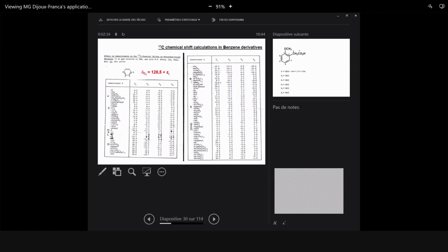But if you have a triple bond, for example, or an iodine on carbon 1, then you will have a decrease of the chemical shift because you will have to subtract 334 ppm from 128 and so on.